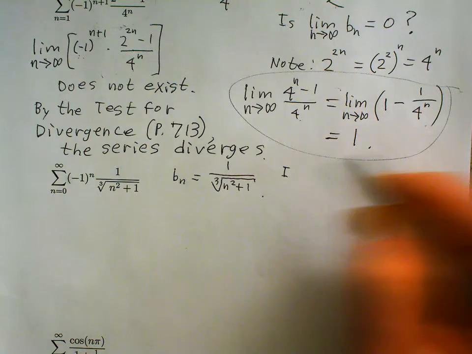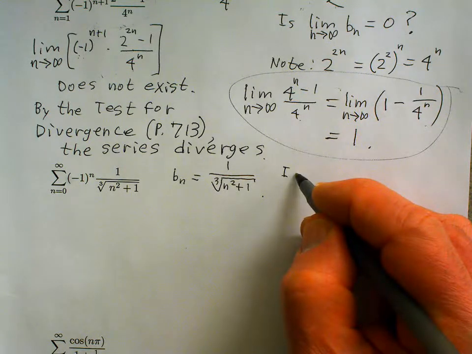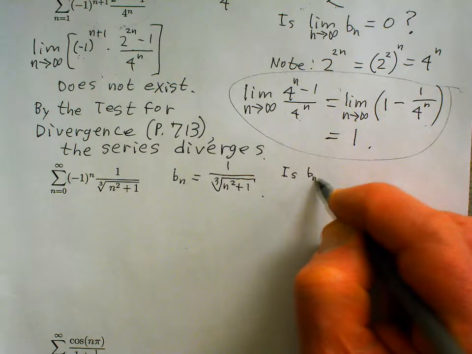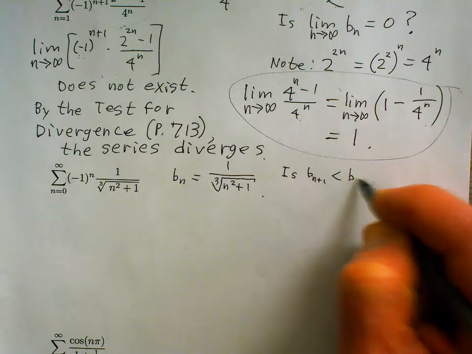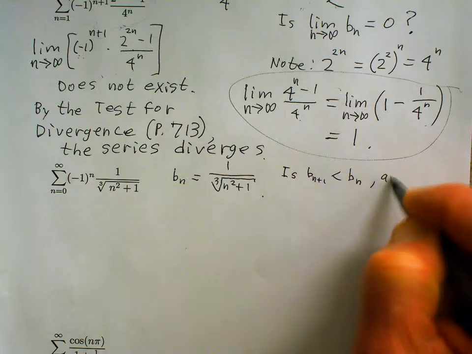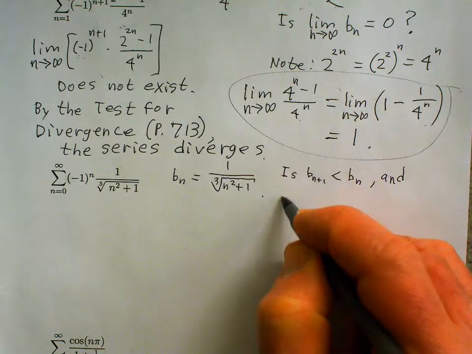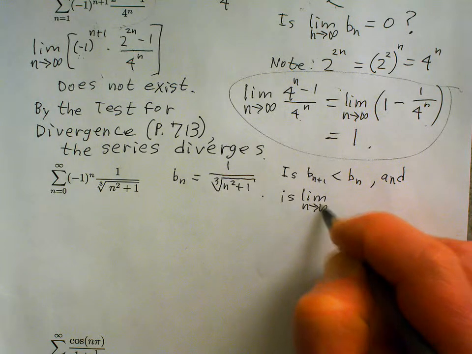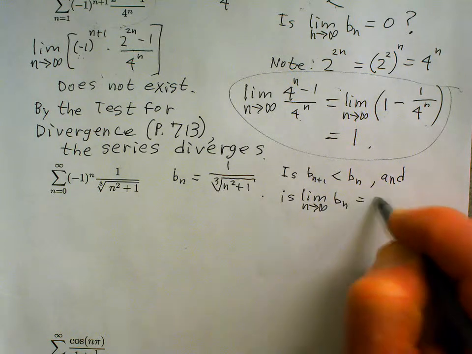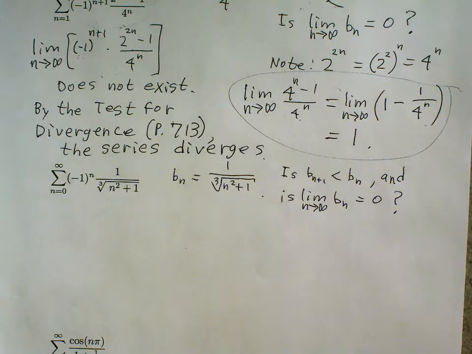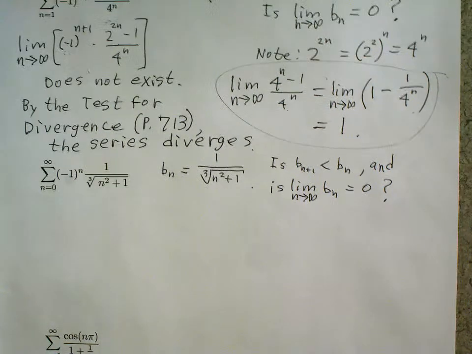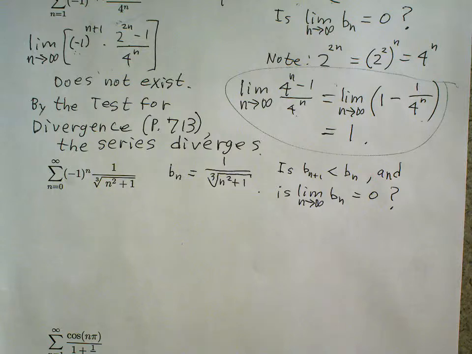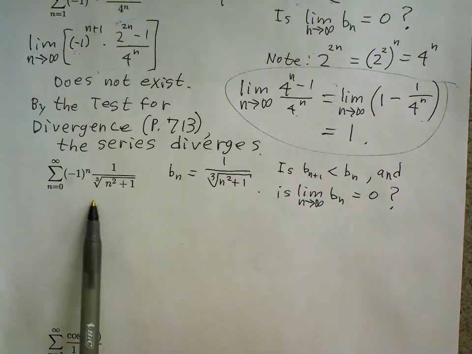So does the b sub n sequence decrease? So is b sub n plus 1 less than b sub n? And is the limit as n approaches infinity of b sub n equal to 0? Are those conditions satisfied? If they are, then that means this alternating series converges.